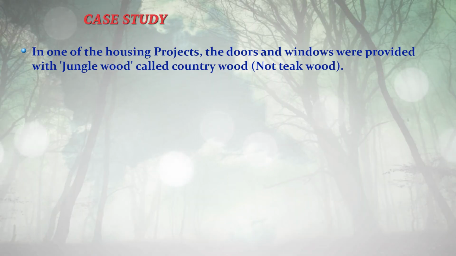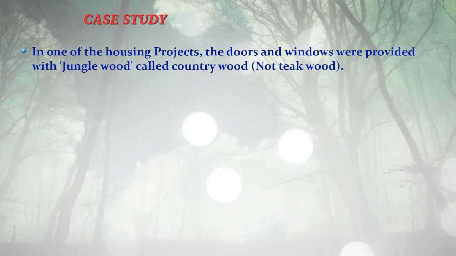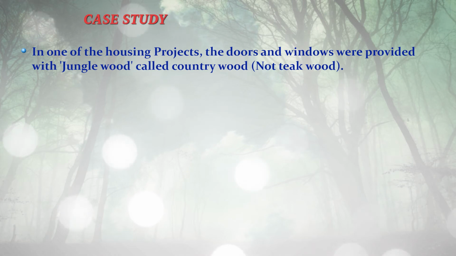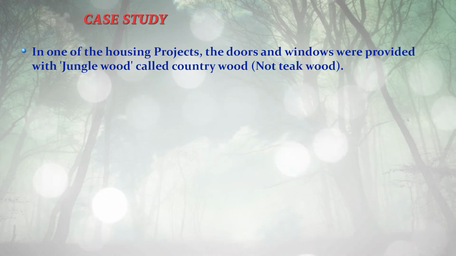Now let us look at a case study of how we inspect the timber and what remedies may be applied to rectify the problem. In one of the housing projects, the doors and windows were provided with jungle wood, called country wood.